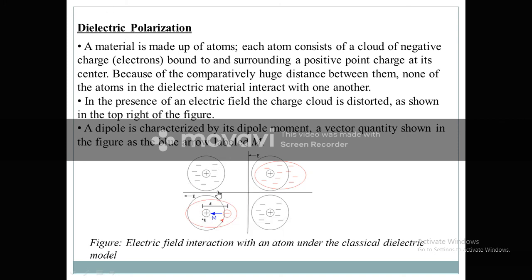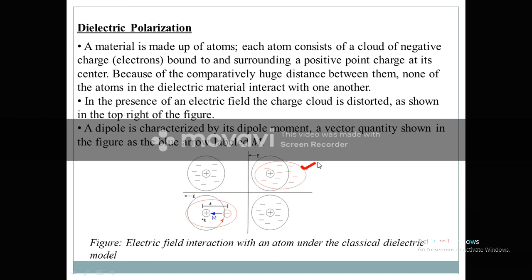This is the neutral form when it is not placed in any electric field. Now an electric field has been applied, directed from right to left. It means here we have the positive plate, the positive electrode, and here we have the negative, and that is why it is directed from right to left. Now what would happen?